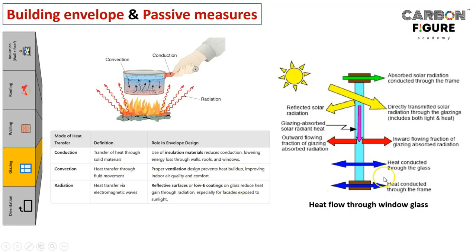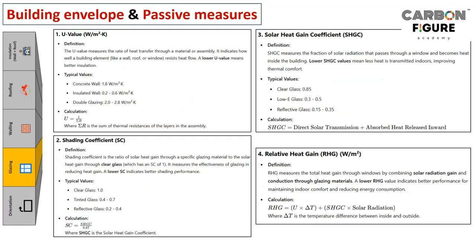Because of these two routes, these four different phenomena are happening. Through the frame some amount of heat is coming. Because of the glazing, there is some ingress, reflectance, holding back and further releasing of absorbed heat. So these are all the cumulative mechanisms that let heat flow through window glass from outside to the inside of the building.